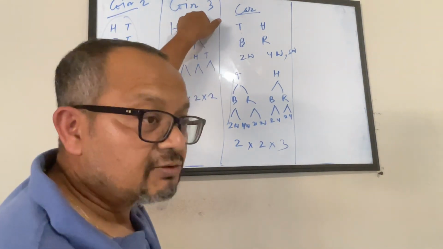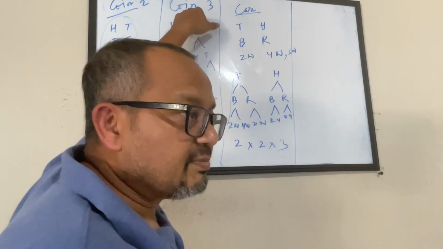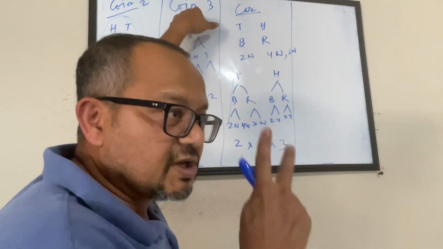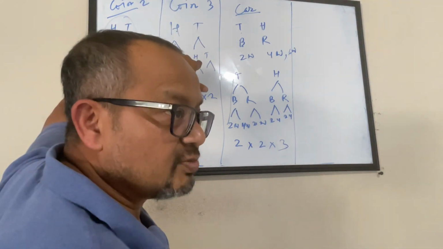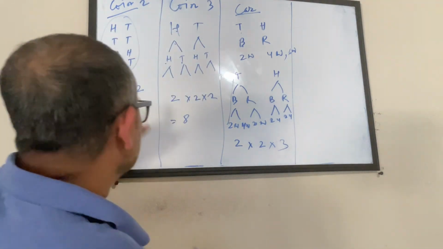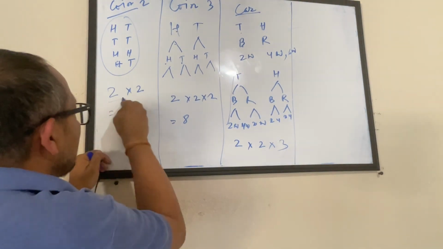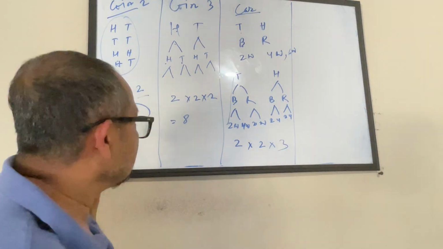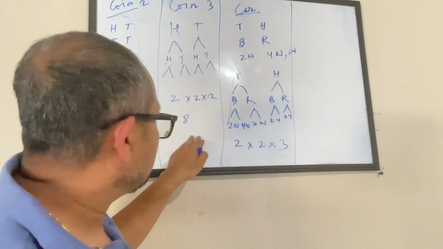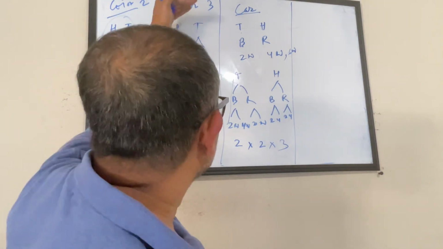Similarly, when I'm tossing the coin 3 times, that means every toss of the coin can give me 2 possible outcomes. So first 2 multiplied by 2 multiplied by 2. If I was tossing twice, first number of outcomes multiplied by second number of outcomes is what is giving me total count of possible outcomes. Here it gave me this, and there was a chance that it could have gotten biased that every time I have to multiply by 2.